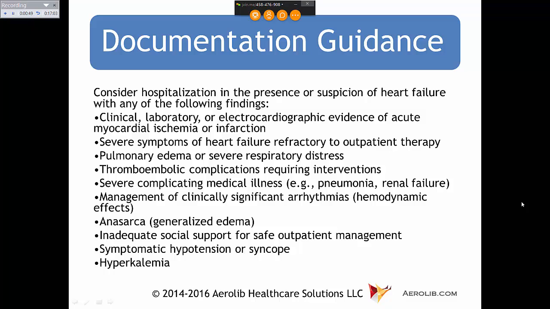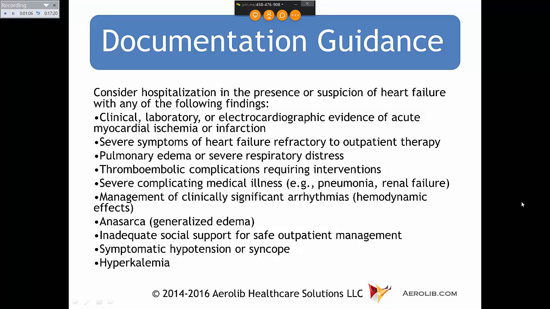Chest x-ray findings of pulmonary edema or clinical findings of respiratory distress, whether they are thromboembolic complications or severe complicating medical illnesses. Does the patient have concomitant renal failure or pneumonia, whether it's healthcare associated or community acquired.